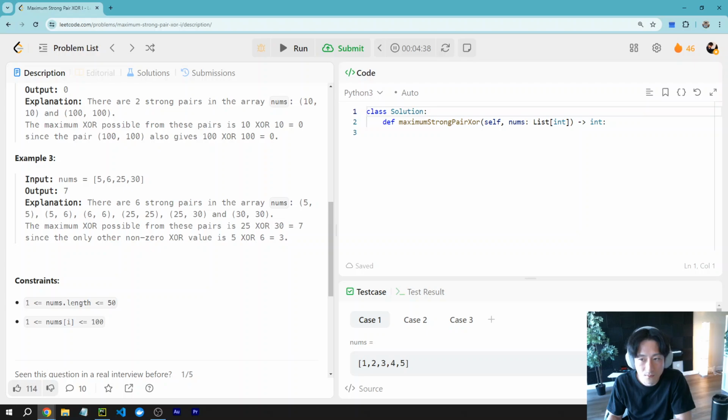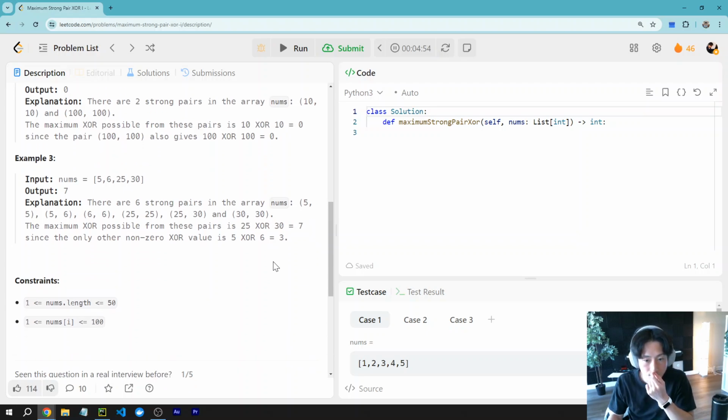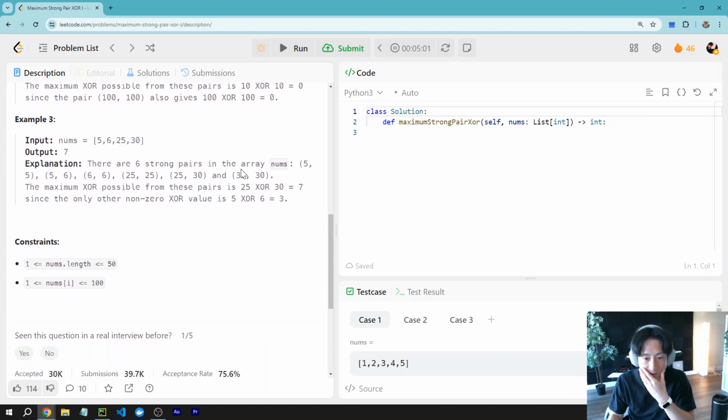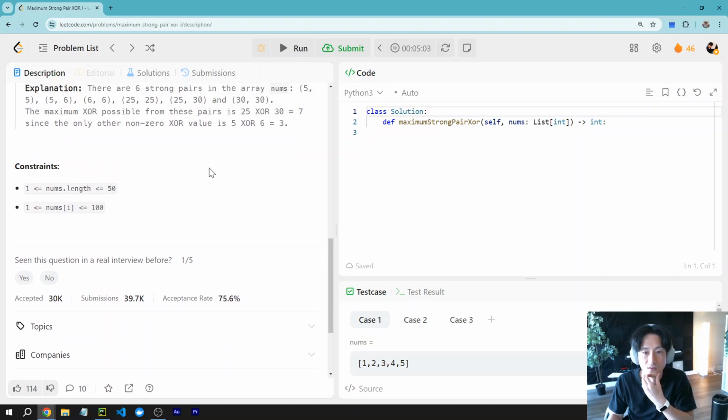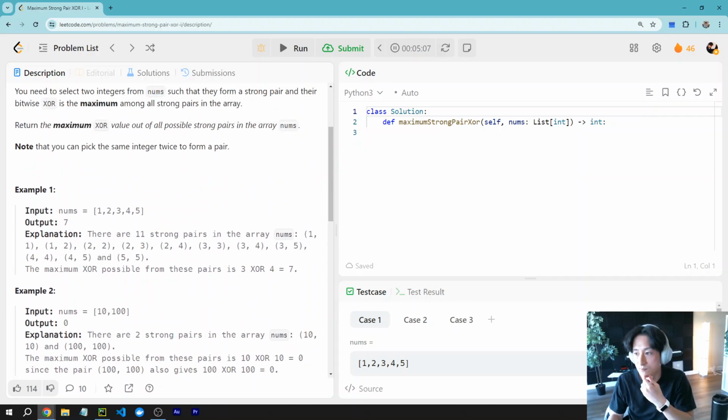Maybe I can read the example explanation. I already spent almost 5 minutes. Maximum XOR possible from this pair is this, since the only other non-zero XOR value is this. I don't know how this example is helping me, but I really spent 5 minutes, and I want to solve within 10 minutes, so it's better to start right now. So I'm gonna start coding.